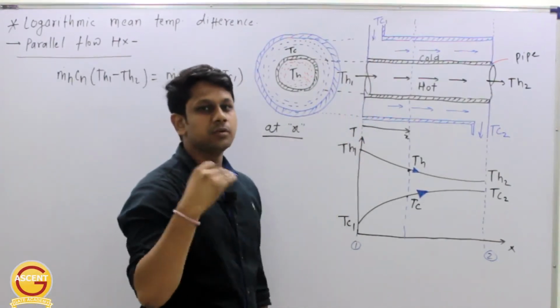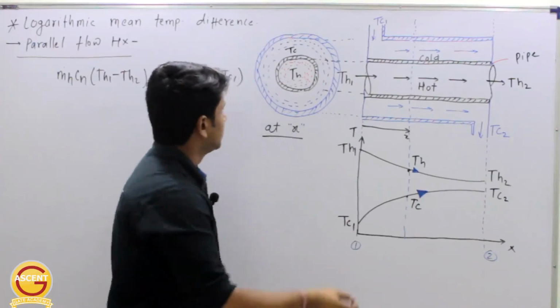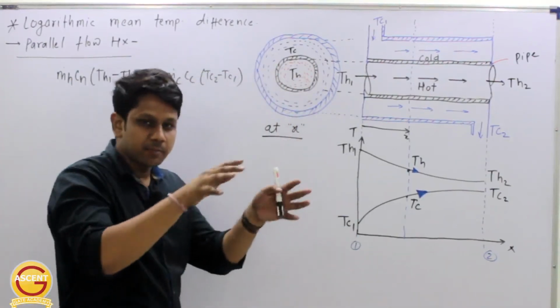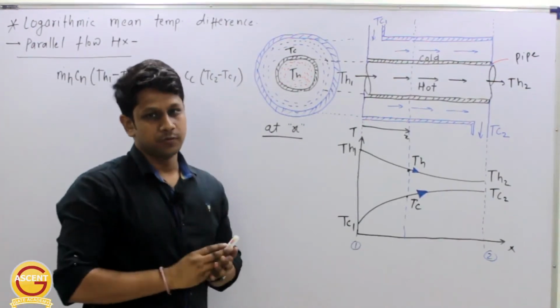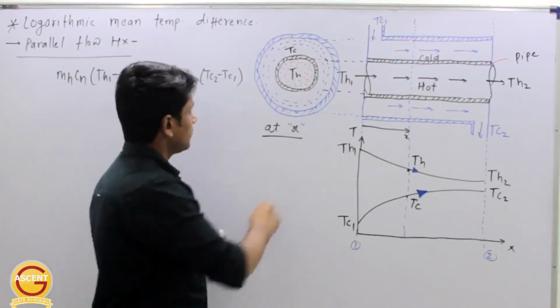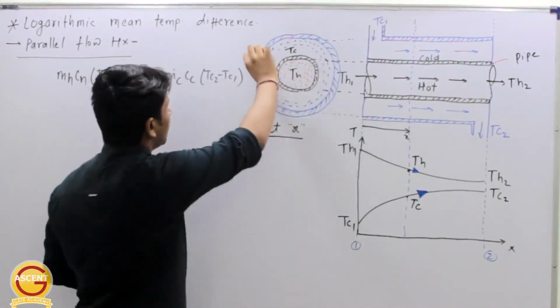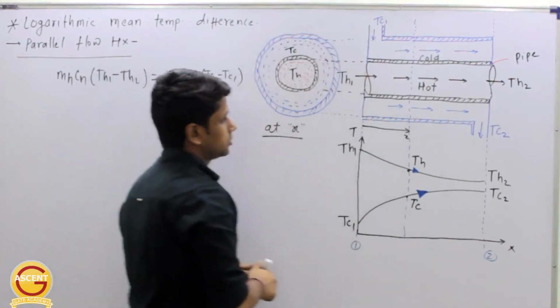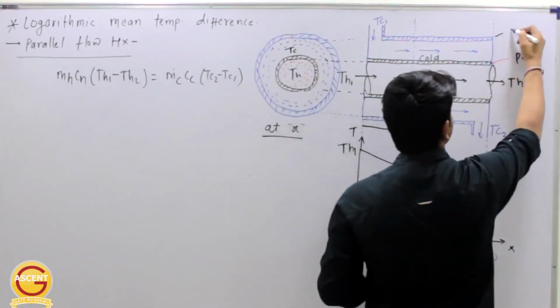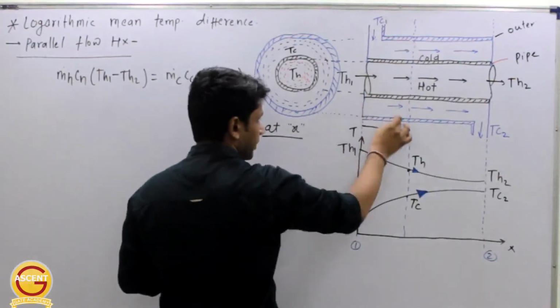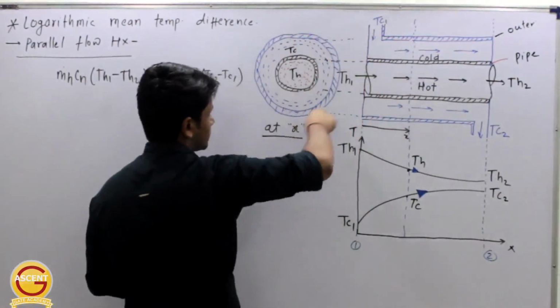Otherwise generally we don't take that thickness, right? So this is the thickness of the inner pipe. Over this inner pipe there is a cold fluid, right? So this blue one is the cold fluid, and it is enclosed by the outer pipe. So this one is the inner pipe, this is the outer pipe, right? So this is the outer pipe that we are seeing in the cross-sectional view, it is circular.